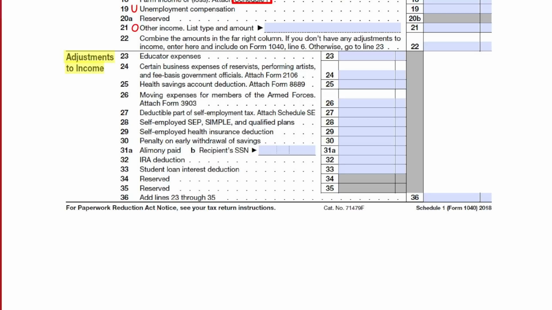And this total on line 36 is subtracted from total income to get to AGI. And as I've already told you, adjustments to income are like wishes granted to taxpayers by Uncle Sam.